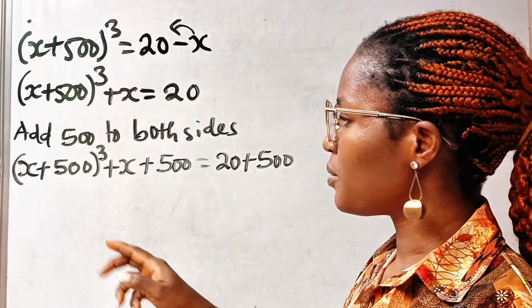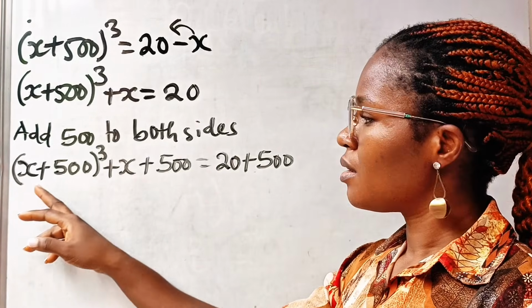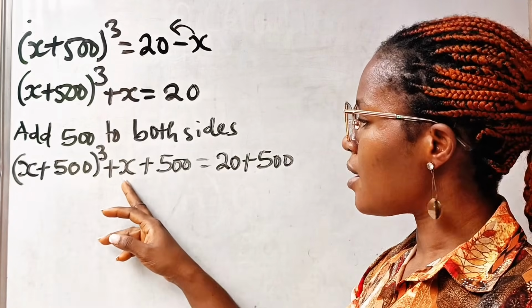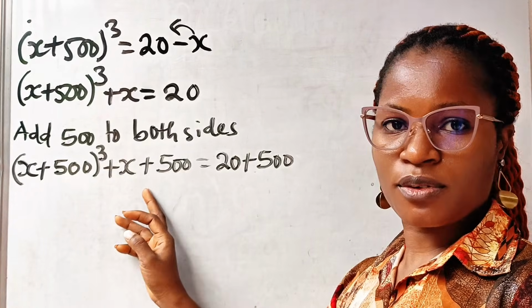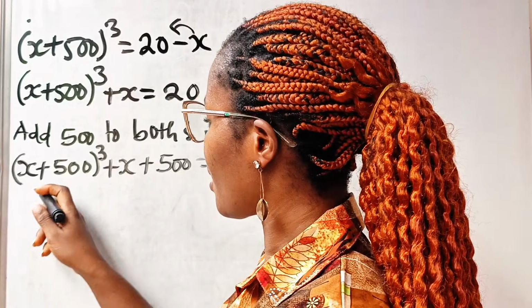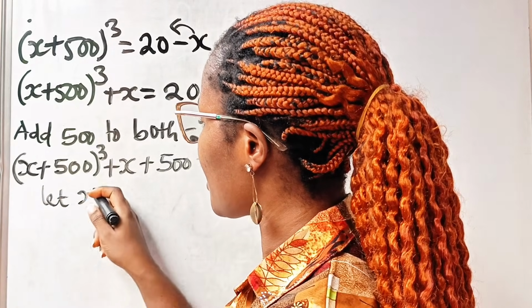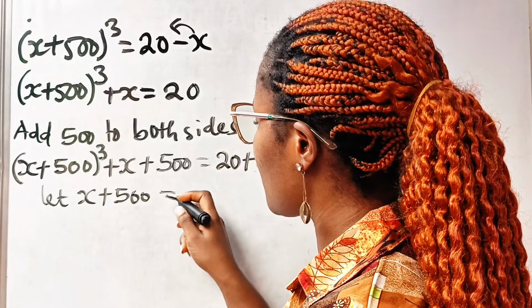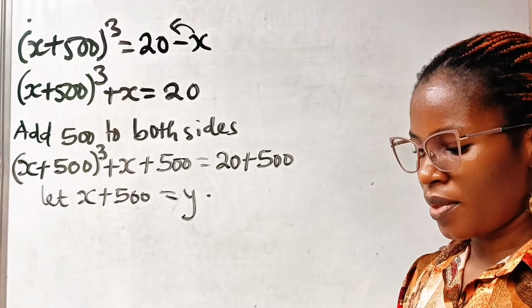Okay, now did you notice anything? We have x plus 500 here and x plus 500 here. Now let x plus 500 be equal to y.